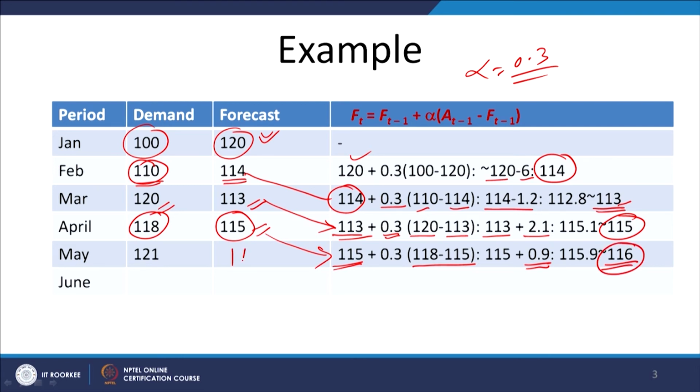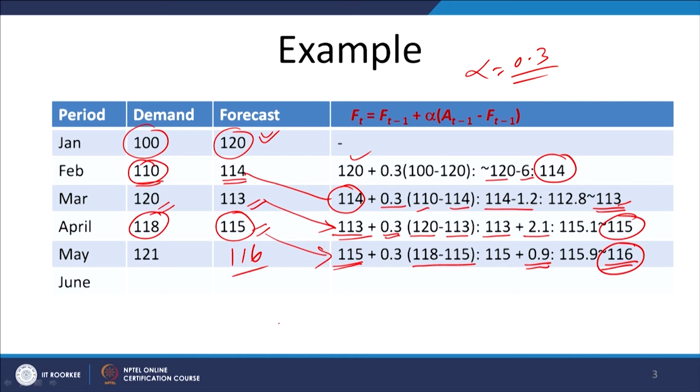Forecast for May becomes 116. So, this is how we can keep on calculating the forecast for the next period, and continue to determine the forecast of the next period using the exponential smoothing method.